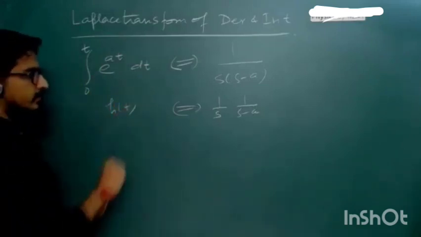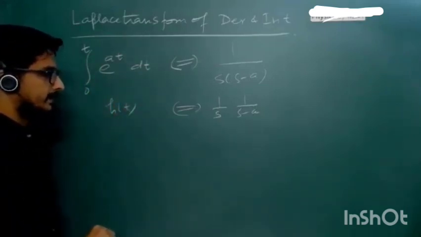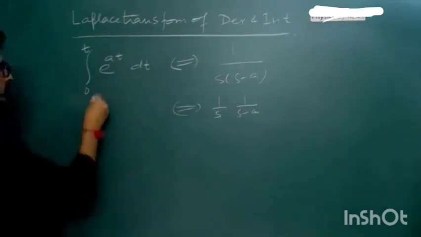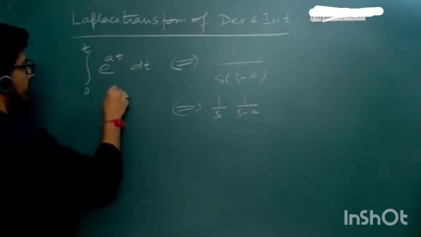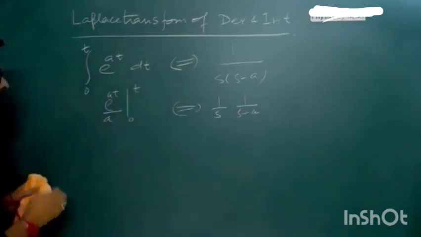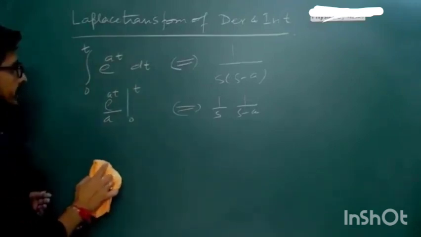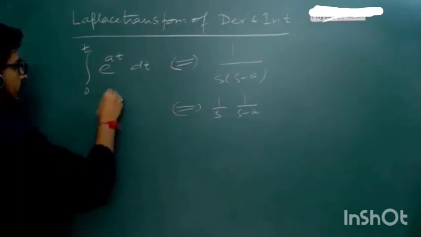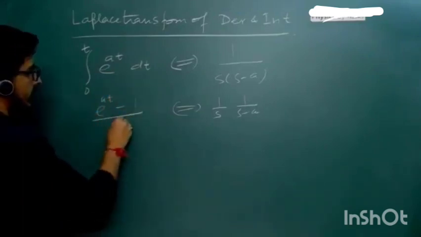Whatever integrations you do, you will get some h(t). Correct? Or if you actually want to write it, you write e to the power at by a from 0 to t. What will you get? e to the power at minus 1, so you will get e to the power at minus 1 over a. Correct?